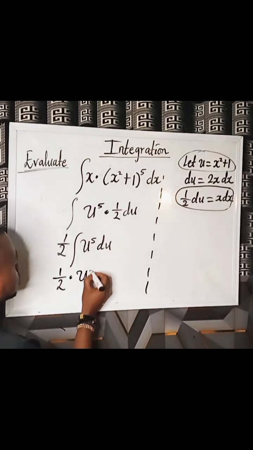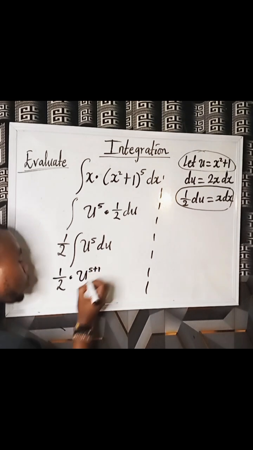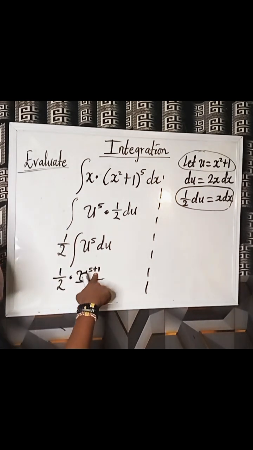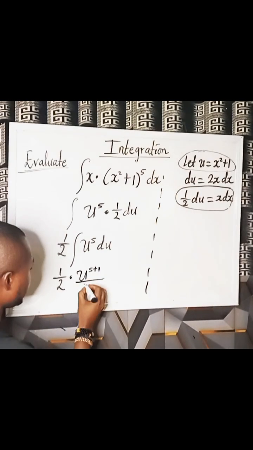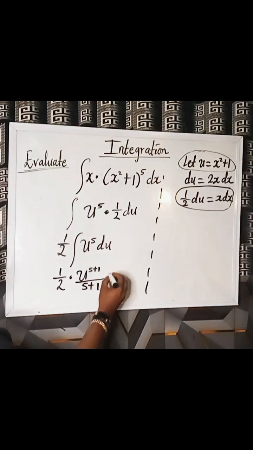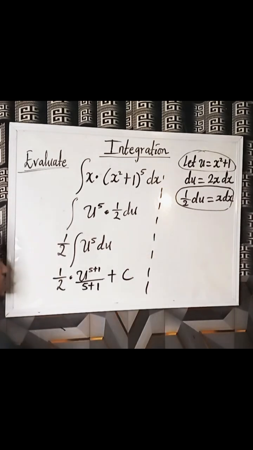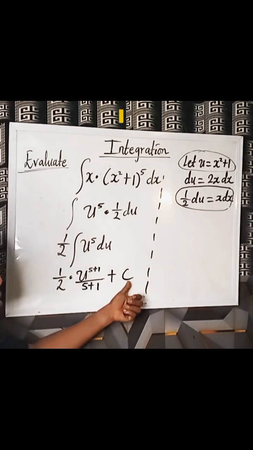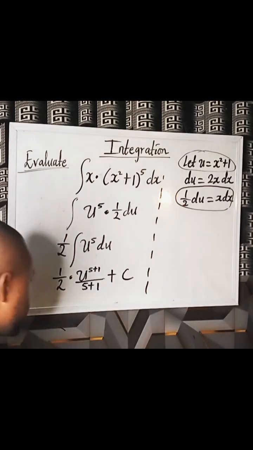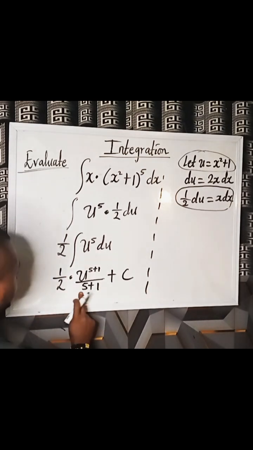This becomes u raised to power 5 plus 1, then over the new exponent, that will be 5 plus 1. Remember, we need to add our constant, the integration constant.